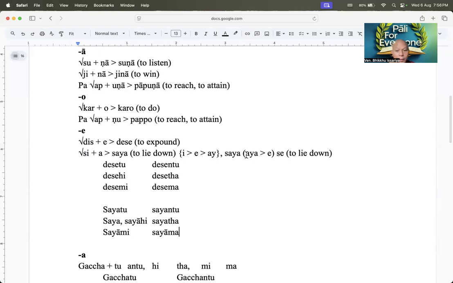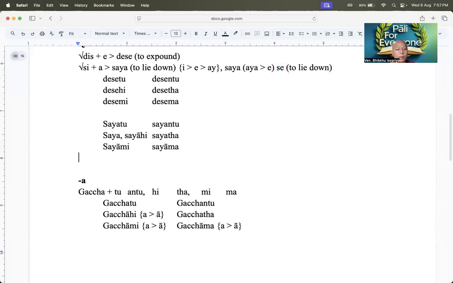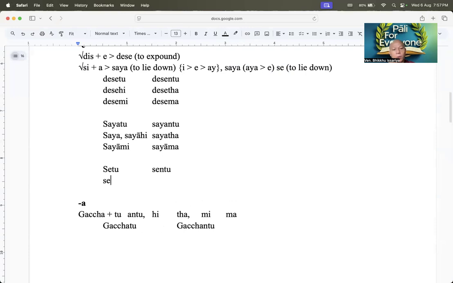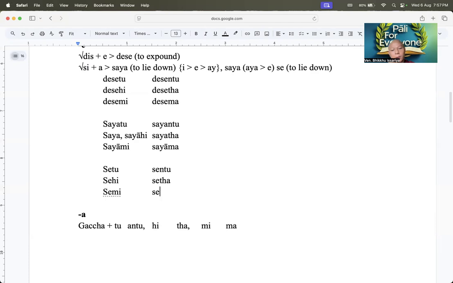But aya is here saya base, but aya also changed to the a, so we have the cb also. At that time, we will have another. So say do, send do. But here only one from say he, say ta, and then say me, and say ma in this way.